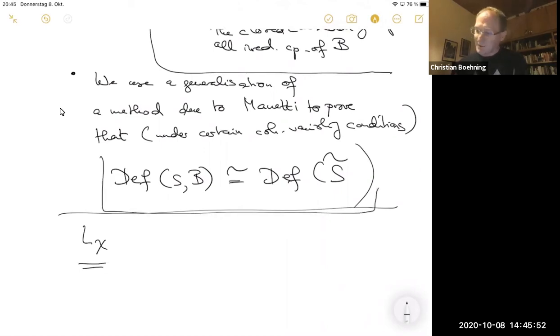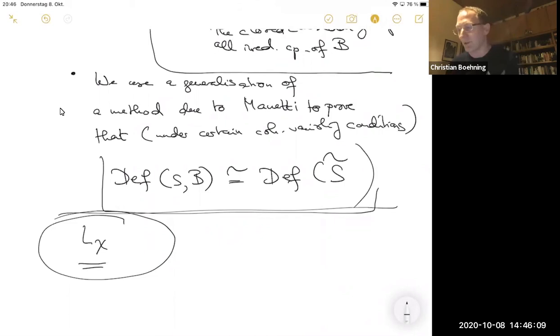However, we can't arrange things so that our chi are ample enough to satisfy the conditions that Fantechi, Pardini, Manetti set down, or that they prove are sufficient to ensure this. So we need to prove a generalization first, and so kind of exhibit weaker conditions, and those we can satisfy.